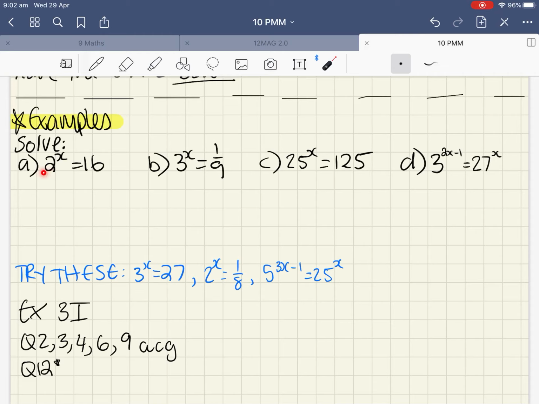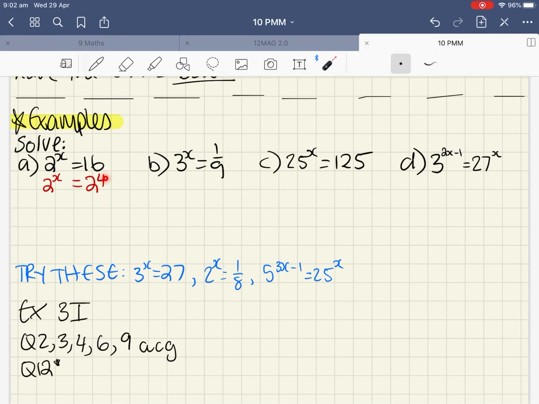So, first of all, having a look here at 2 to the power of x is equal to 16. Now, at the moment, there's not a lot we can do. It is our job to work the right-hand side of the equation to get the same base as the left-hand side of the equation. So let's do it. 2 to the power of x. Now, can I think of a way to express 16 with a base of 2? And the answer is yes. 2 to the power of 4.